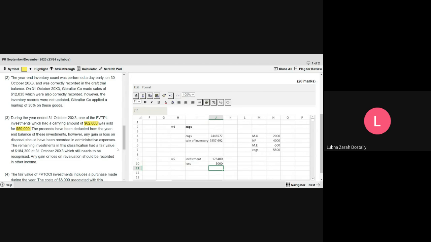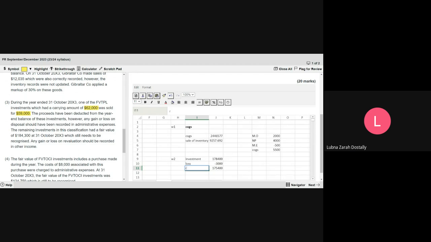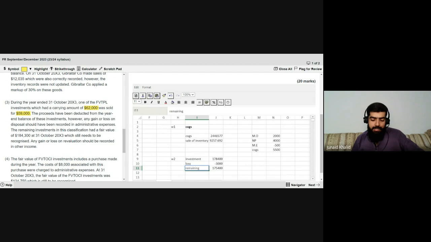Okay, now let's calculate the remaining investment amount. It's 175,400. Yes, that is the remaining investment.